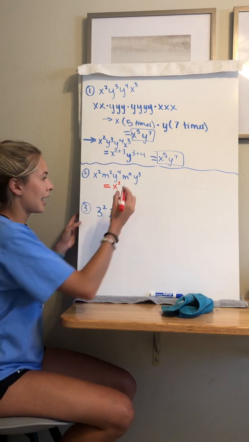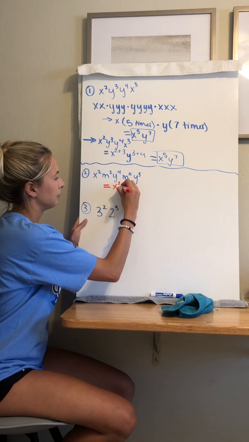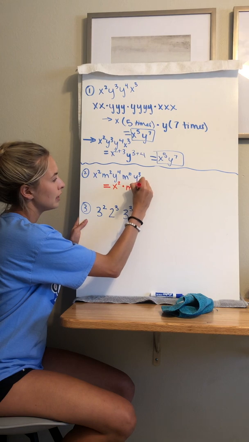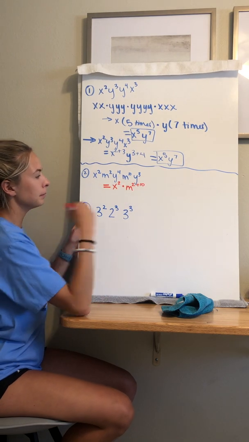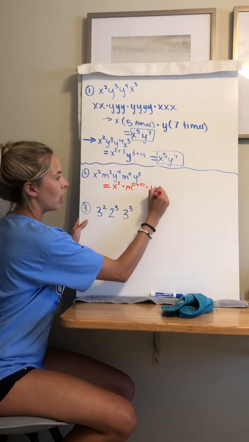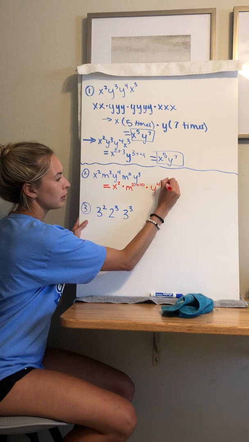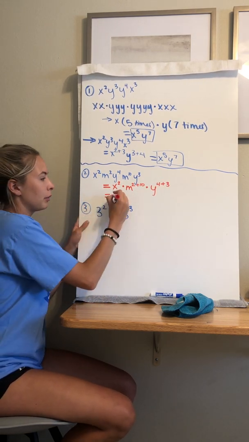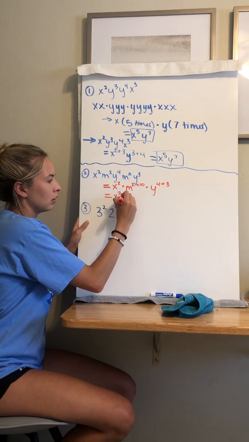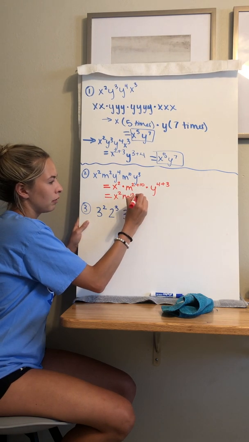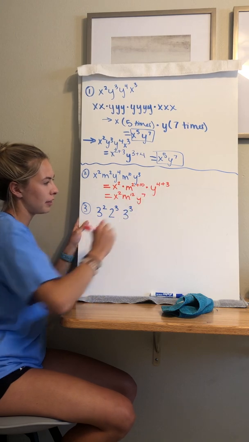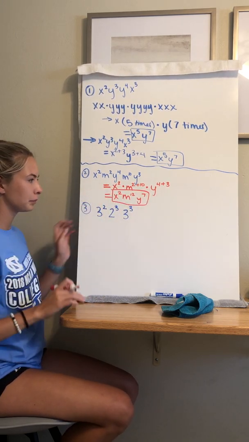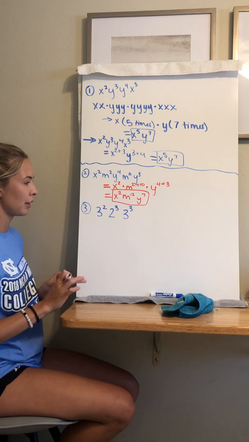So that just stays as x squared. We're multiplying by m to the 2 plus 10, and we're multiplying that by y to the 4 plus 3. So now simplify completely. We have x squared times m to the 12th times y to the 7th. So this is our final simplified expression for number 2.